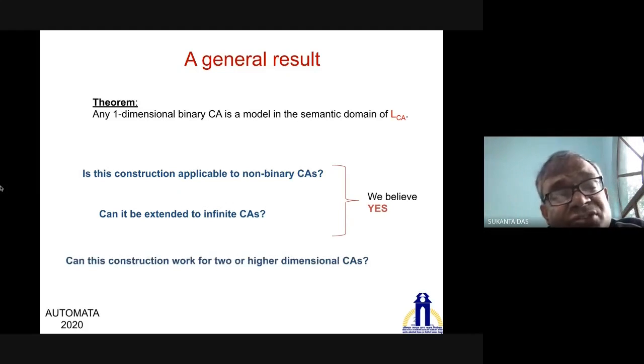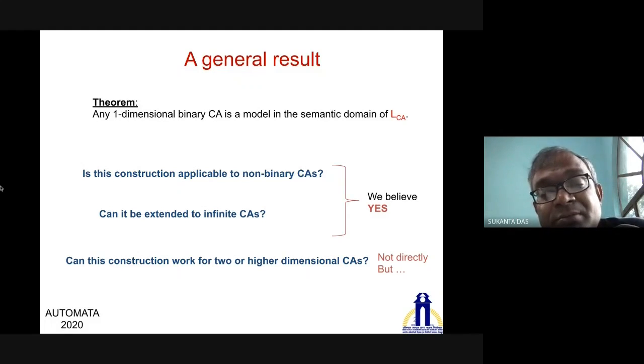Now, if asked whether this construction can work for two or higher dimensional CAs, the direct answer is no, because we have targeted only one-dimensional CAs, and one-dimensional and high-dimensional CAs are different in many ways. But at some point maybe this idea may be extended.